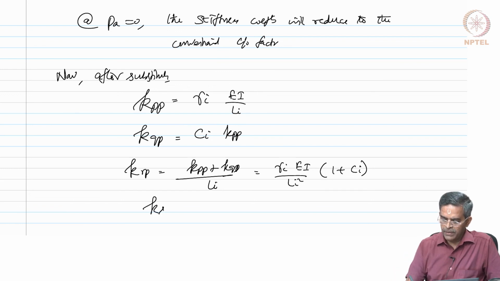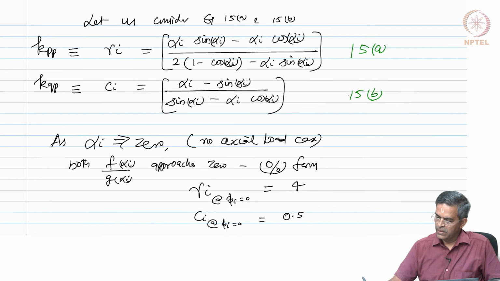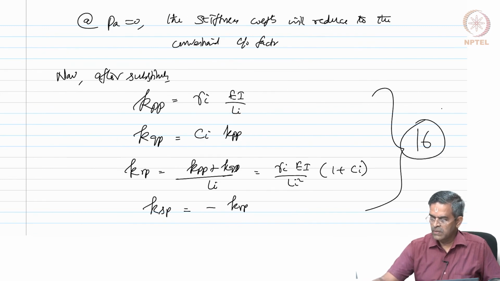And Ksp is minus of Krp. Let us call this equation 16.